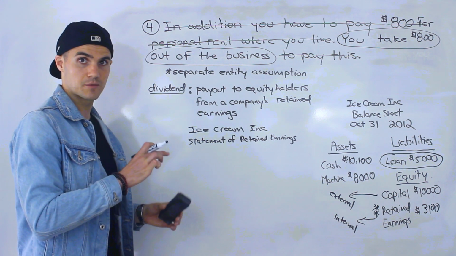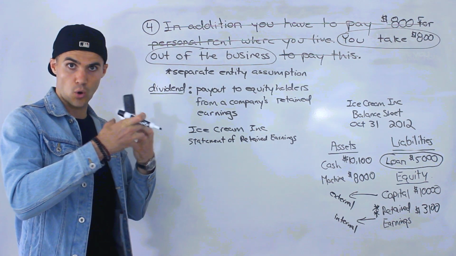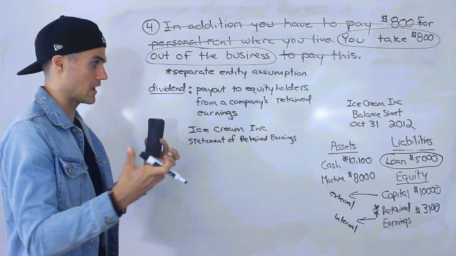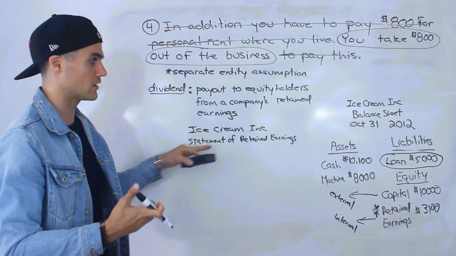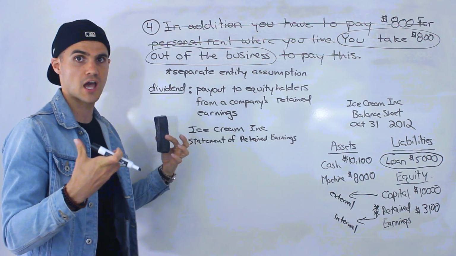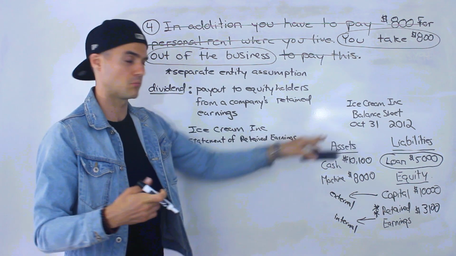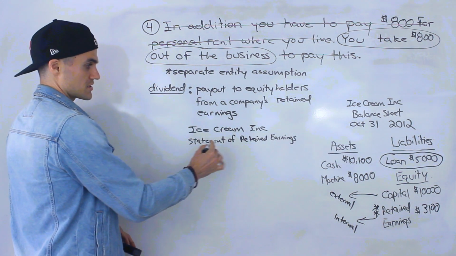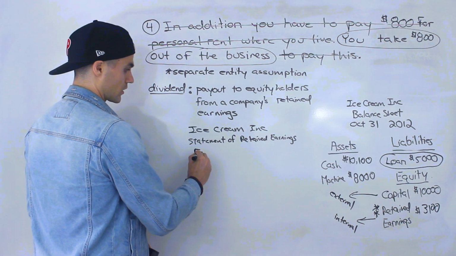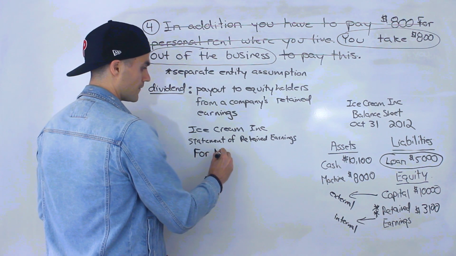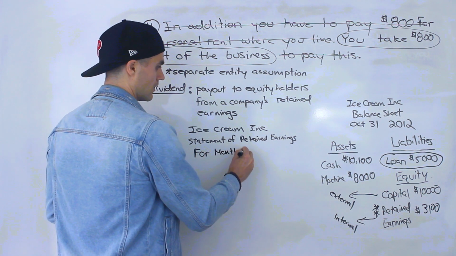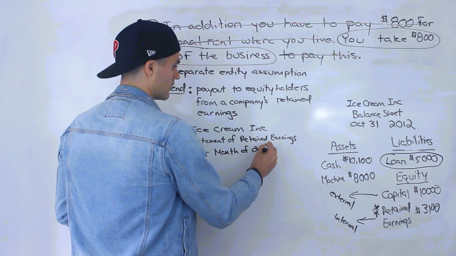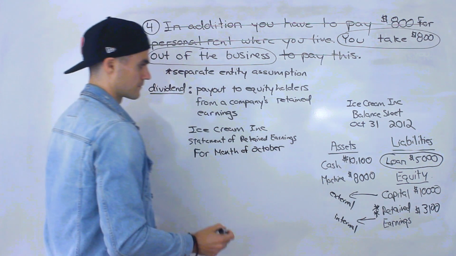And because net income is from the income statement that's over a period of time for October, the statement of retained earnings is going to be for a period of time as well, not at a single point in time. So the statement of retained earnings, we're going to make one for the month of October.